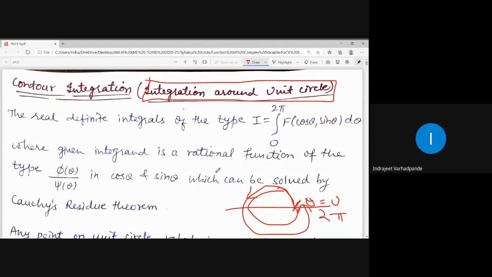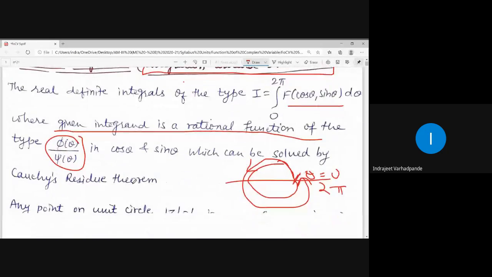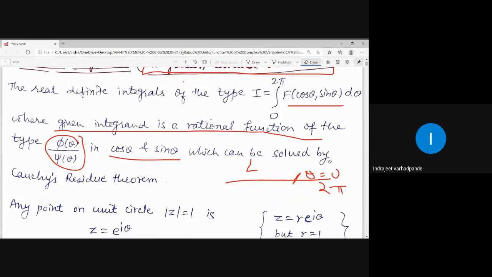So real definite integrals of type I is equal to the integral from 0 to 2 pi of f of cos theta comma sin theta d theta, where the given integrand is a rational function. Rational means numerator upon denominator contains both variables, or terms of theta, mostly cos theta and sin theta, which can be solved by the Cauchy residue theorem.